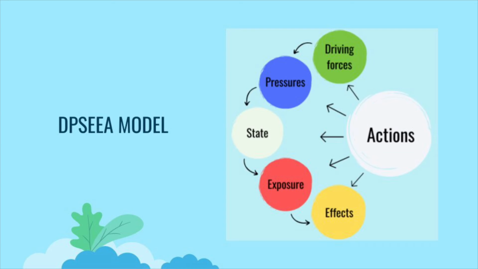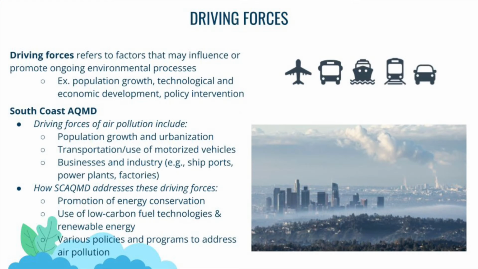Next, we'll move on to discuss the DPSIR model. So the first component of the model is driving forces. Driving forces refers to factors that may influence or promote any ongoing environmental processes. So some examples of driving forces of air pollution would include things like population growth, urbanization, transportation, as well as business and industry.